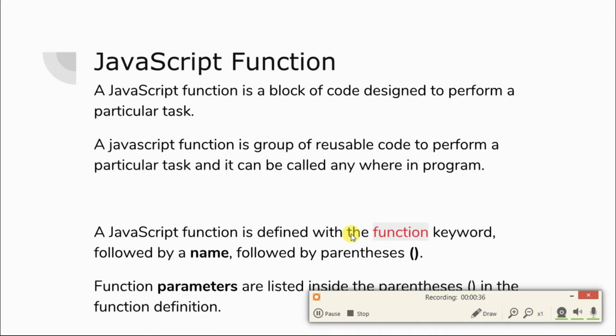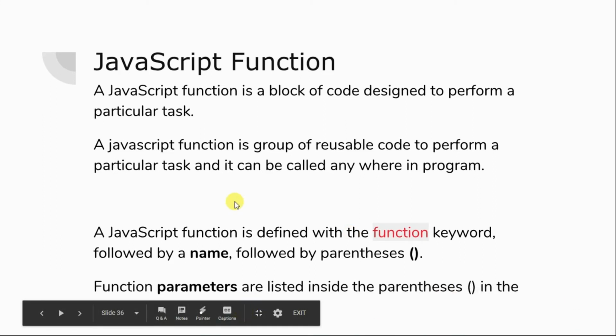A JavaScript function is a group of reusable code to perform a particular task, and it can be called anywhere in the program. You can call the defined function in JS anywhere in your code. A JavaScript function is defined with the function keyword, followed by the name, followed by parentheses.